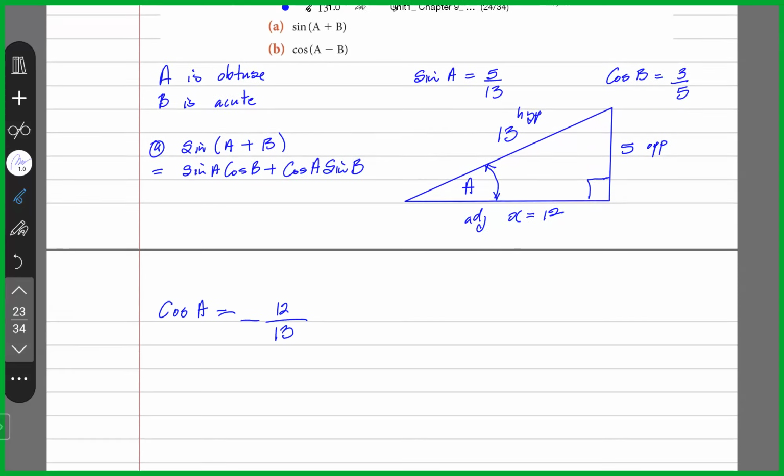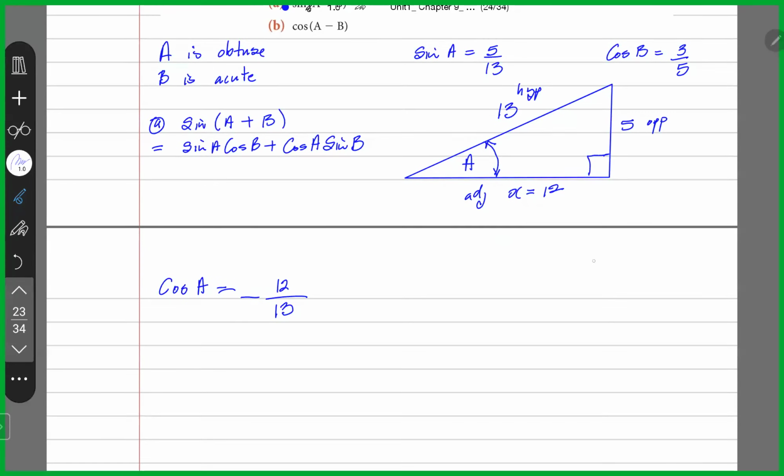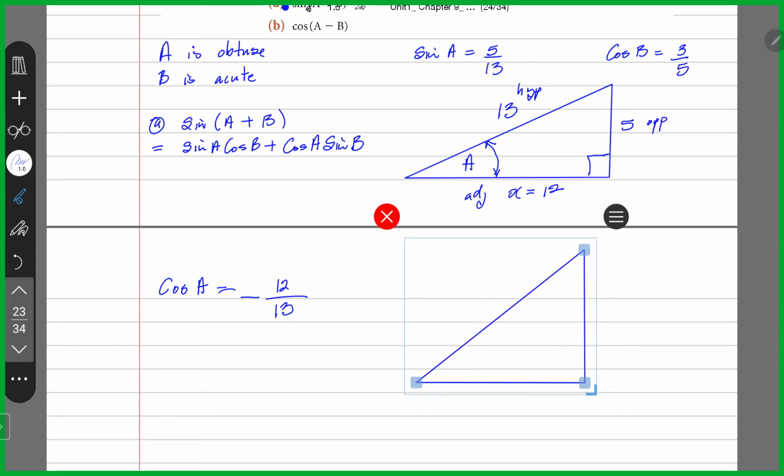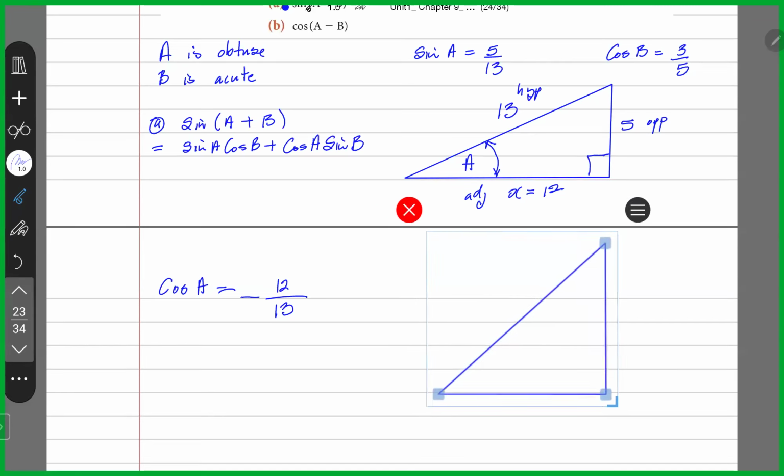All right, I also need for my formula the sine of B. So I'm going to do a similar thing. I'm going to draw a right angle triangle. I'm told that the cosine of B is 3 over 5.